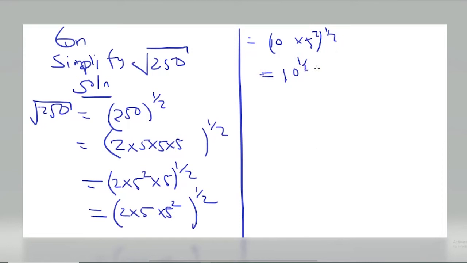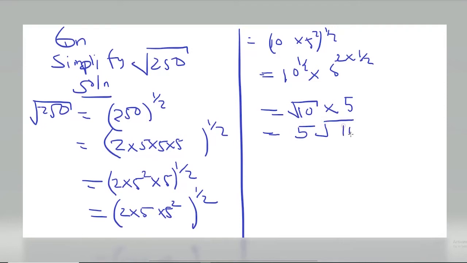When you break the bracket, then 5 squared times a half. Now this one will be equal to 10 power a half, which is radical of 10, times 5 power 1, which is 5. Now the answer will be equal to 5 under root of 10. This is the solution of that question.